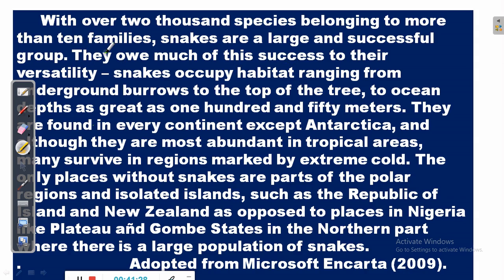But one thing also is that with over 2,000 species belonging to more than 10 families, the fact that they exist in families is also one major thing. Snakes are a large and successful group. They owe much of this success to their versatility.